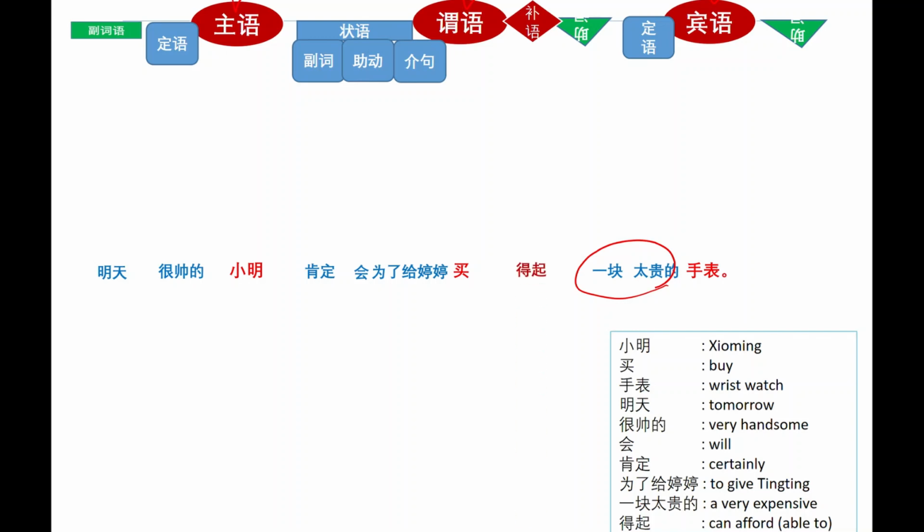Complementing the verb 买, 补语 得起, meaning able to or can afford, 买得起. Now, shall we read it again? 明天很帅的小明肯定会为了给婷婷买得起一块太贵的手表. Is it so? Could be.